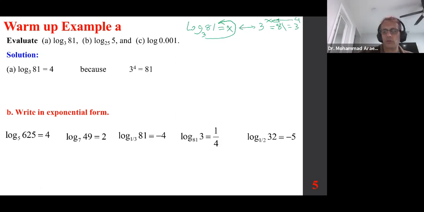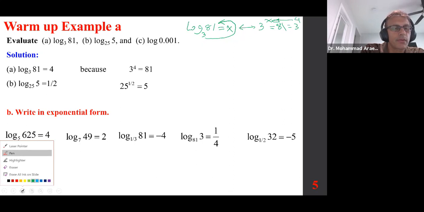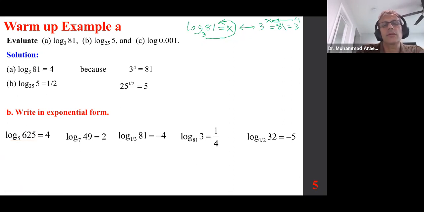Log 5 base 25 is 1/2 because 25 to the power of 1/2 is 5. Or we could write log 5 base 25 is missing. I'm not going to use the x, I'm going to use something else, let's say y.